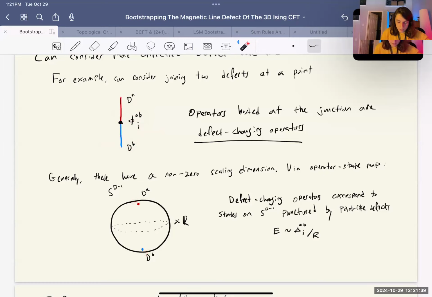You can also think of a picture where we have a sphere and we place two defects at the poles, and in this picture, the dimension of the defect changing operator can be thought of as the energy cost of creating this defect relative to having no defect.